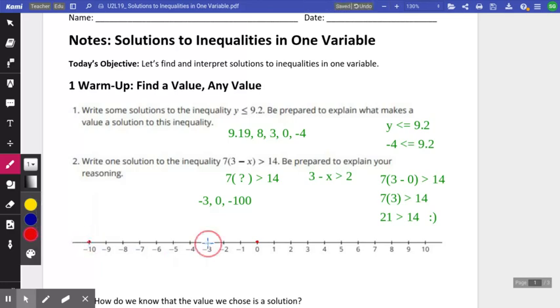These are all possible solutions. When we've got a larger class and there's a lot more people coming up with solutions, you would notice that all of those solution points are on this left side of that number line. All of these solution points are numbers that are less than 1.